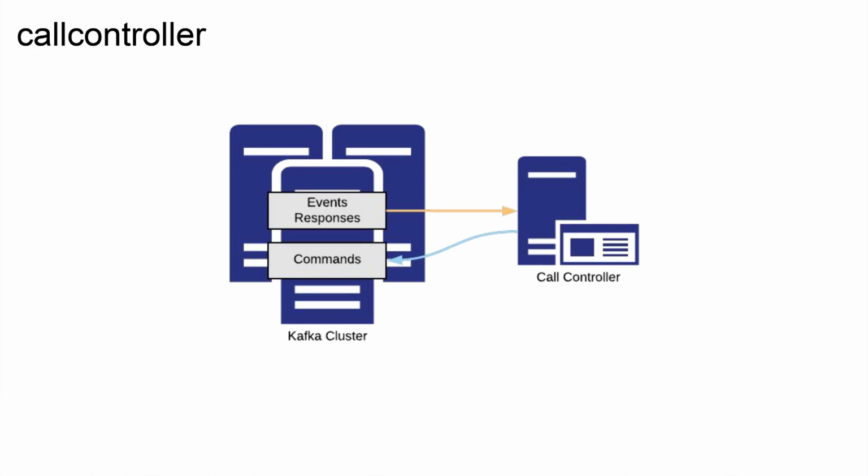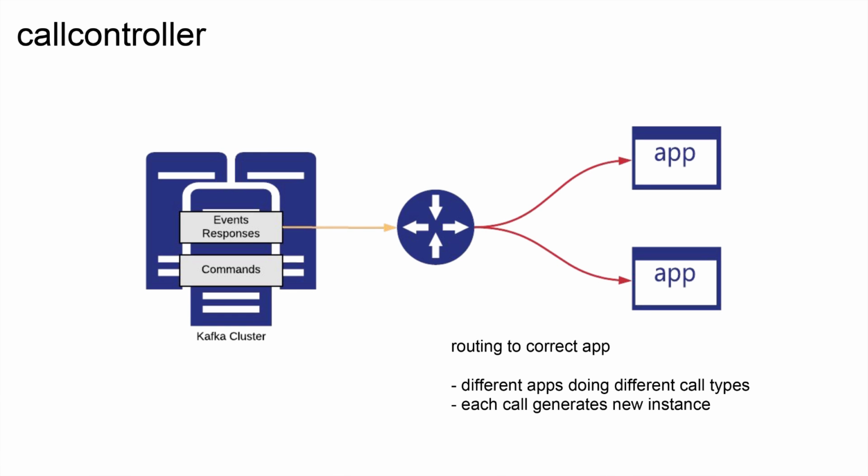In essence, the call controller consumes out of the Kafka and sends the commands to the commands topic. In the call controller, we have kind of a message router to route the message to the specific app for this call. It's pretty simple.